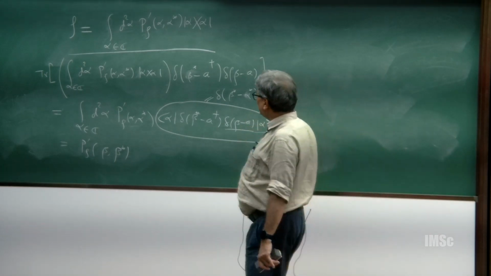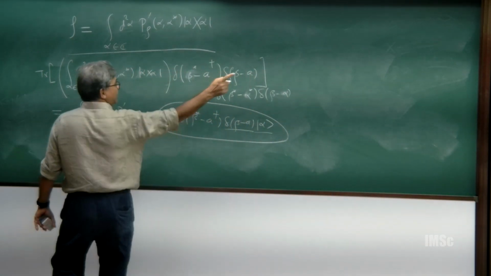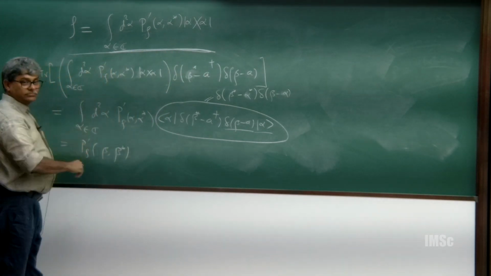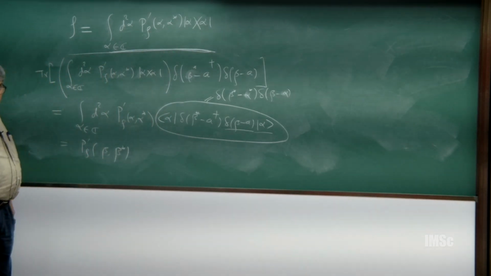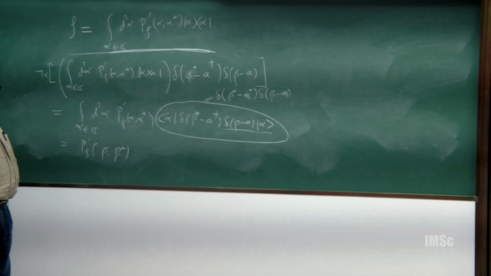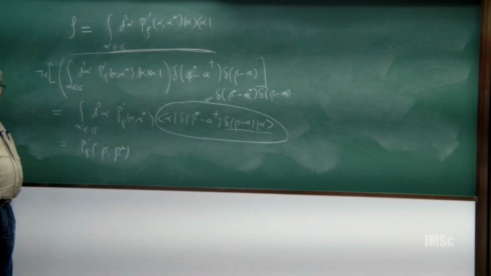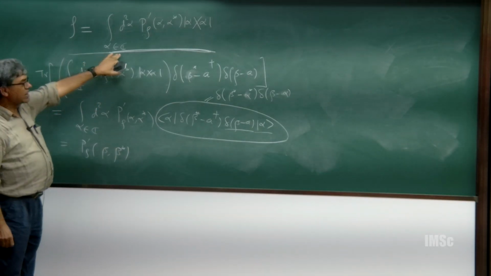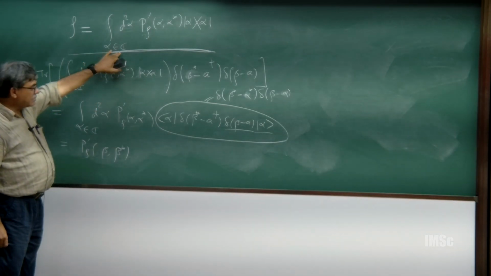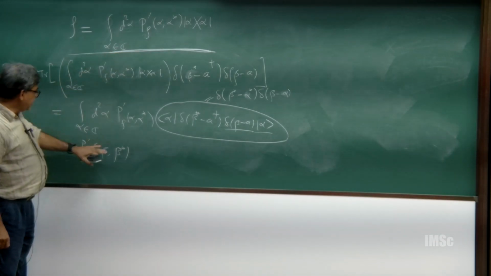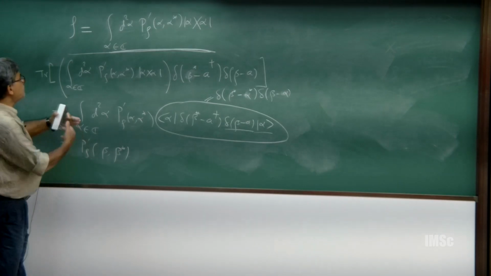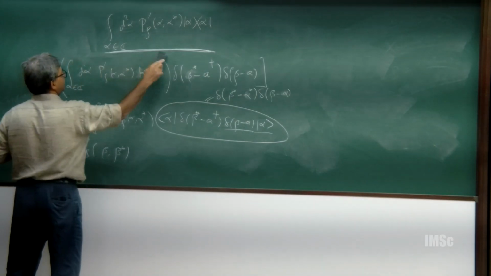What is it that I have done here? Instead of rho, I have taken this part. Right, in that formula, instead of rho, I have taken this one, and what you have obtained from there is this function. Okay.